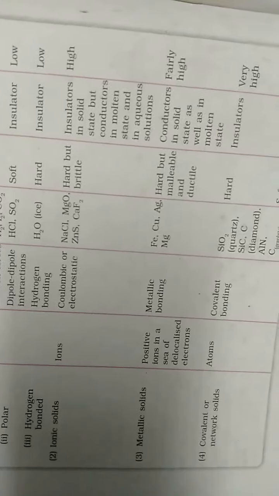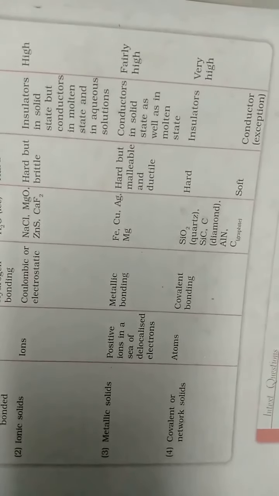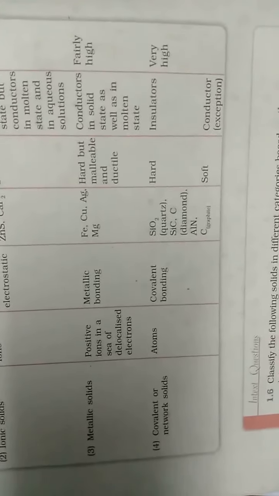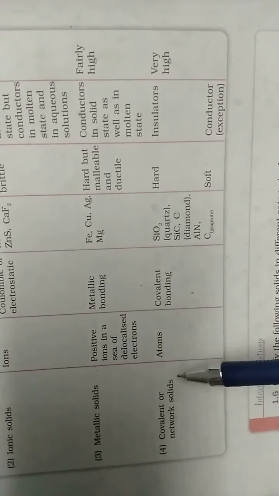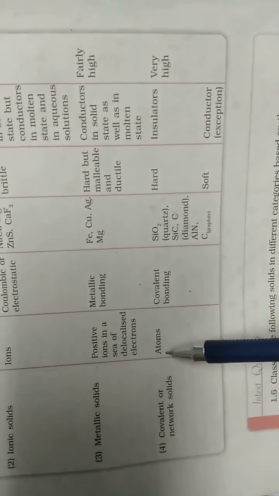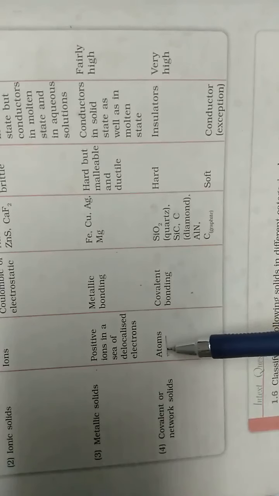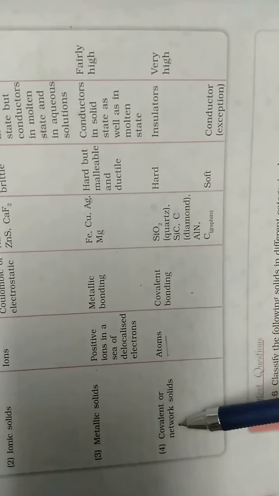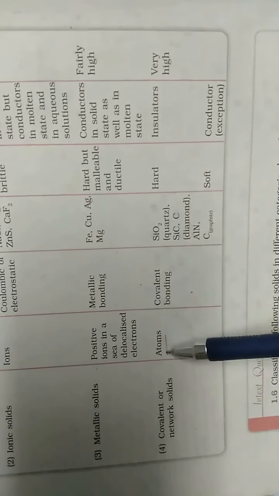So the next type of crystalline solid is covalent or network solid. In a covalent or network solid, atoms are the constituent particles. Neutral atoms are the constituent particles of covalent or network solid. Normally these are non-metal atoms.